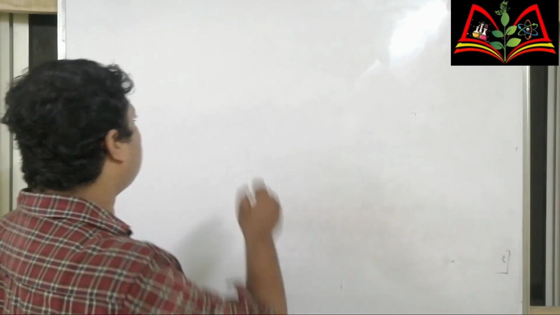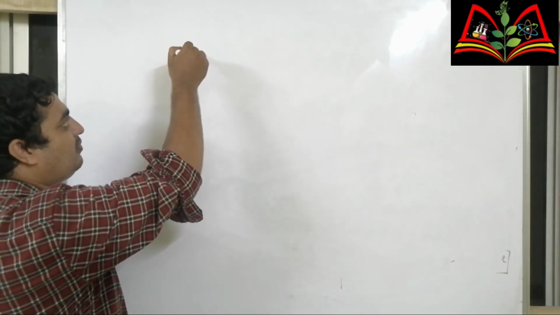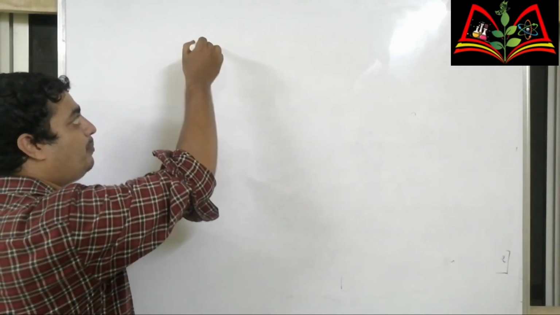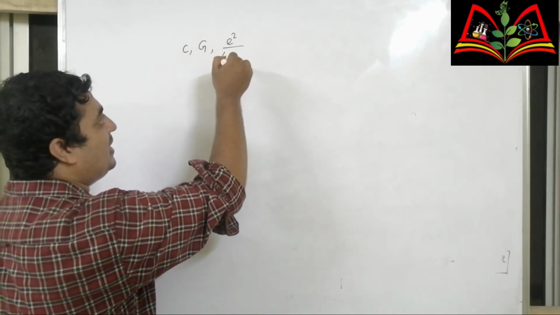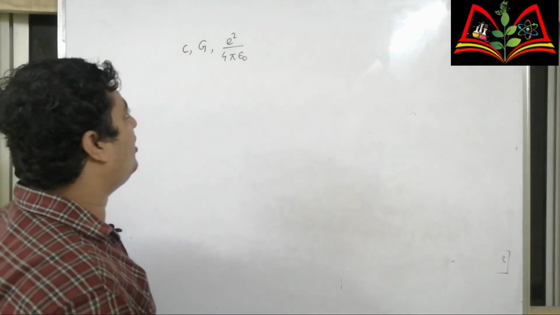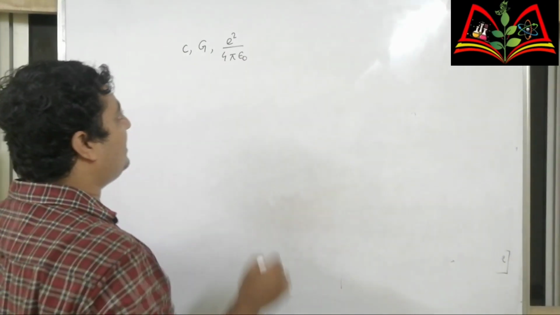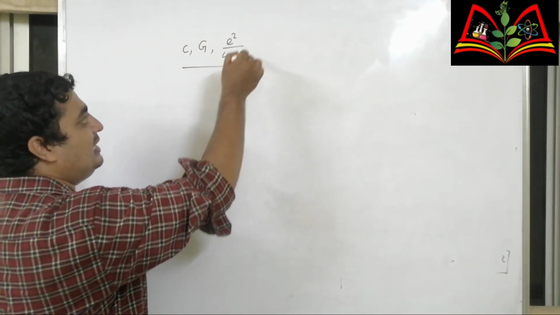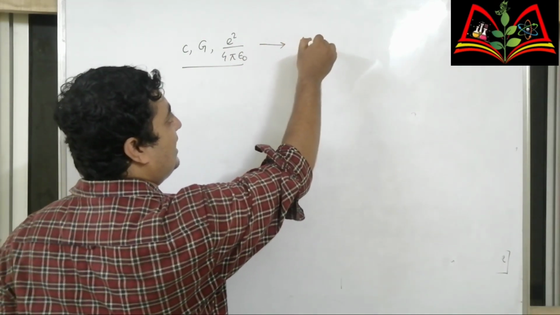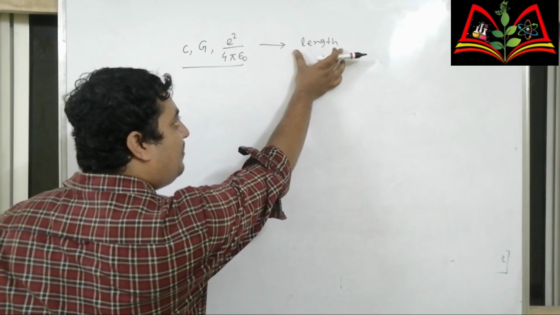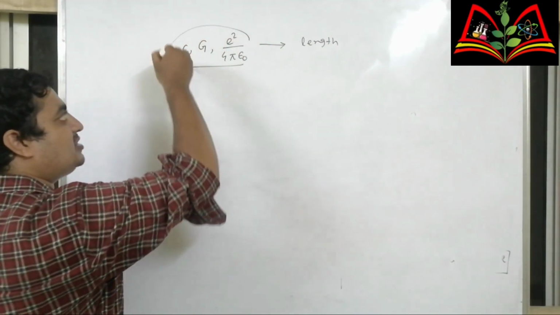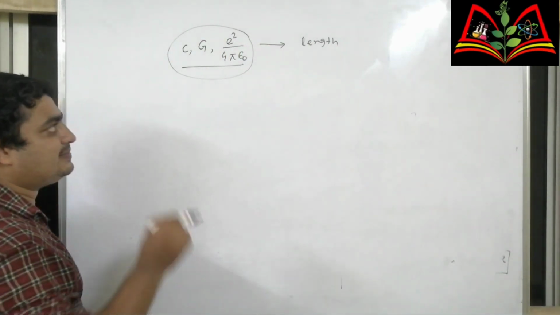Next, it is asked that a physical quantity is formed by using C, G and E square by 4 pi epsilon naught as the fundamental quantities, and this quantity has the dimension of length. That means we have to find length in terms of these physical quantities.